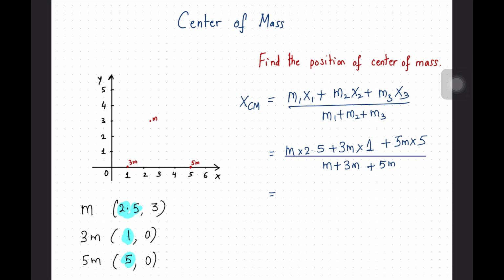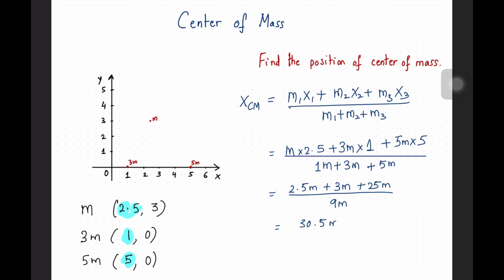Now let's write this down in a simplified manner, whatever we can simplify. So 2.5m plus 3m plus 25m. 5 times 5 is 25. So 1 plus 3 plus 5 will give us 9m. And then we can add the numbers in the numerator, 2.5 plus 3 plus 25.